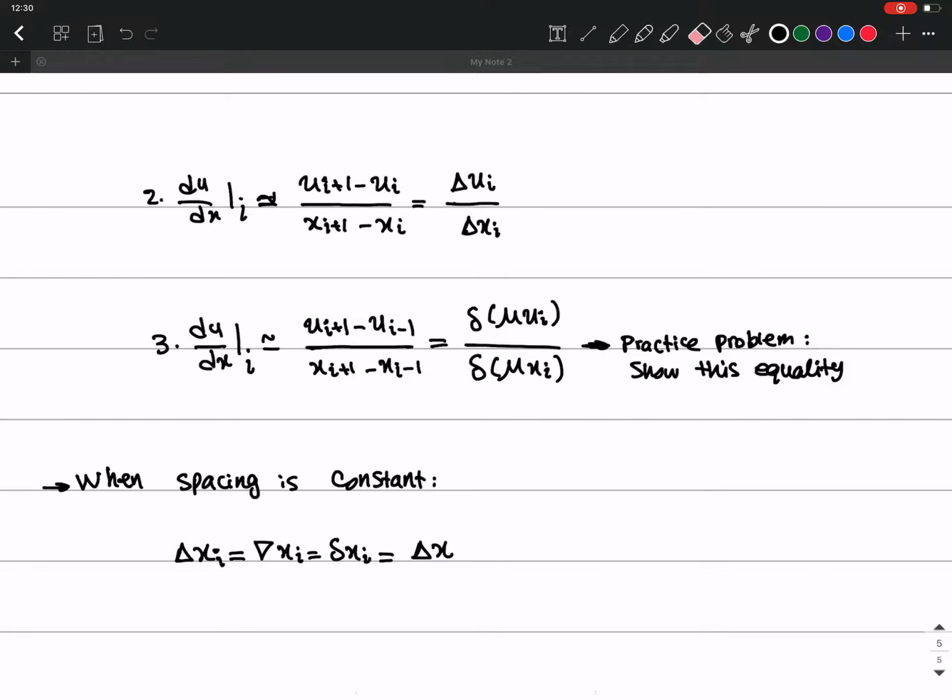This was just one note here, and in the next lecture we are going to talk about Taylor series and truncation errors of these approximations, and find the order of accuracy of the approximations that we made.